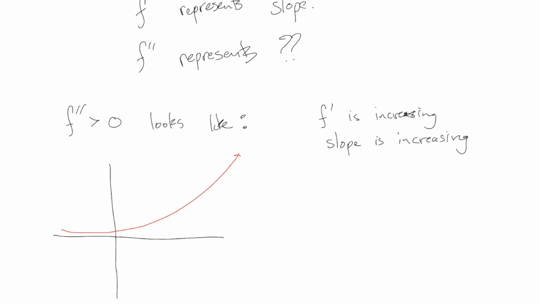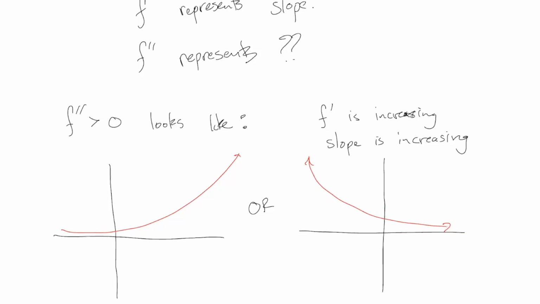Or there are other ways that the slope could be increasing. This is a little weird, but here's another example. Not that. This. Now, if you don't think too hard, you might think, isn't the slope decreasing here? Here it's really steep, and here it's not so steep anymore.